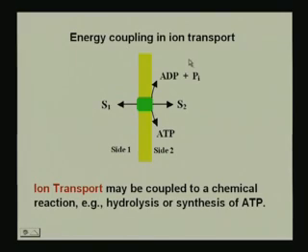Now, in the energy coupling in ion transport, we have say the transfer of S1, S2. In utilizing the breakdown of ATP to form ADP plus Pi, we have a coupled reaction. Okay? So, we are coupling this usually to a certain chemical reaction.